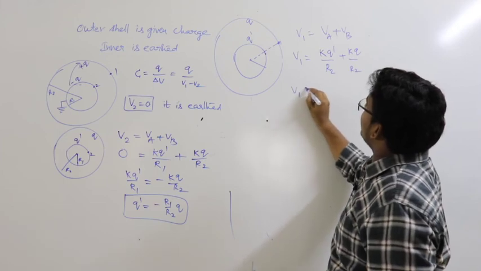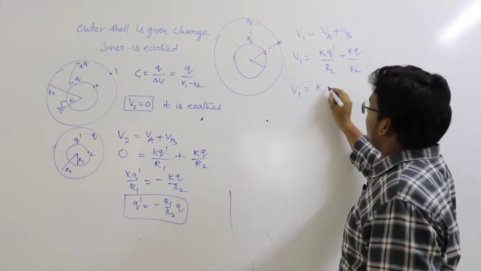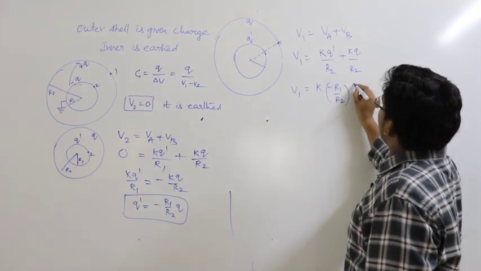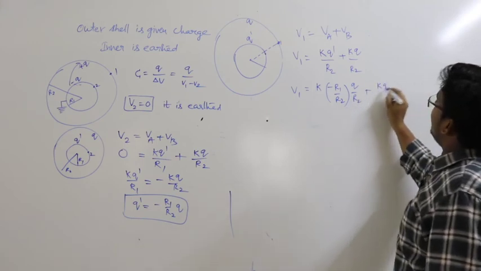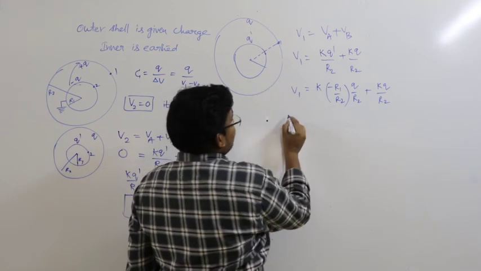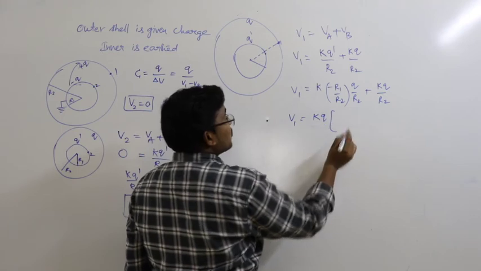So V1 is equal to, what is q dash? You got it already. So k into minus r1 by r2 into charge q by r2, plus kq by r2. You can take kq out.